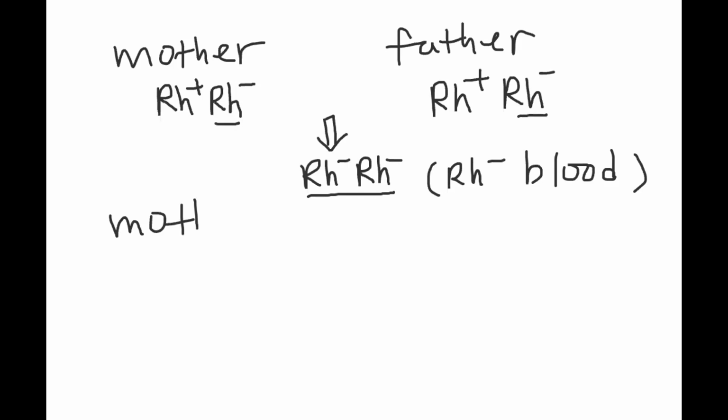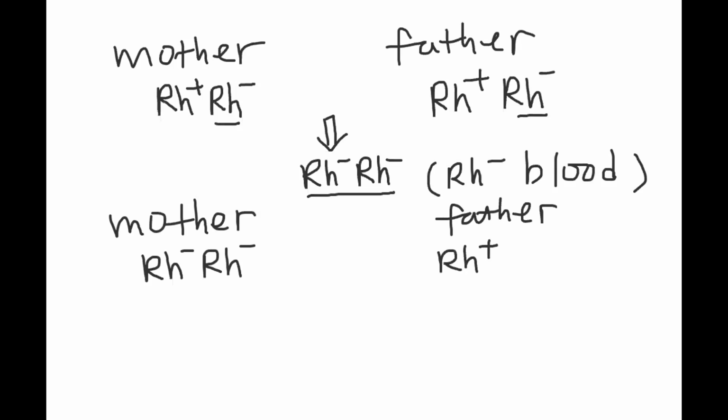Okay, so let's try another one. If the mother has Rh negative blood, the father has Rh positive blood, like that. And then the child, can the child have Rh positive blood? Yes, because this negative and this positive together, you're going to have a positive Rh baby.